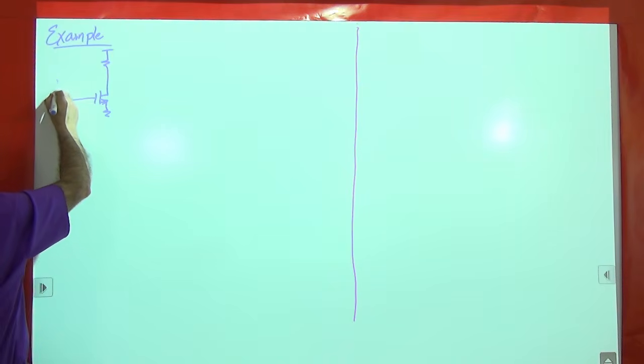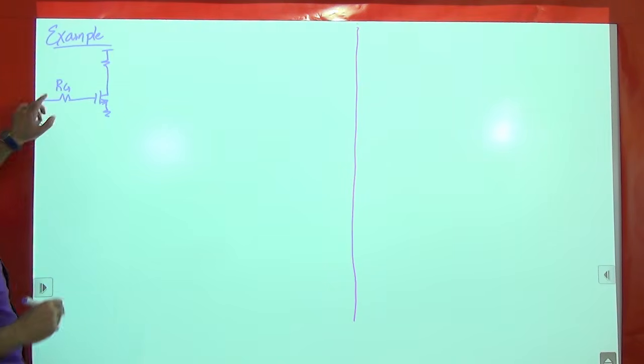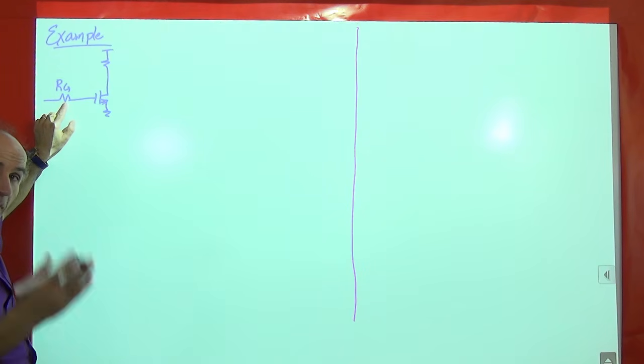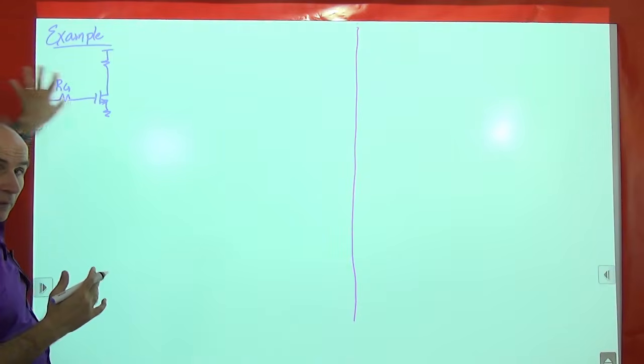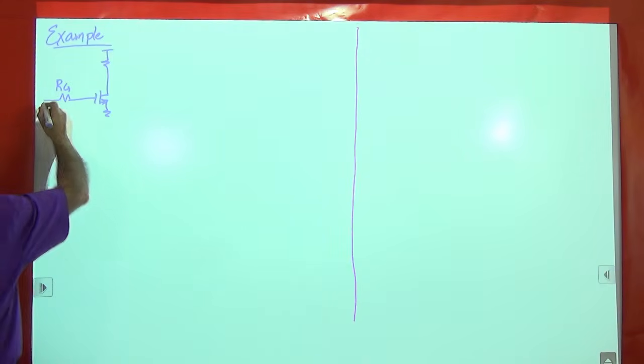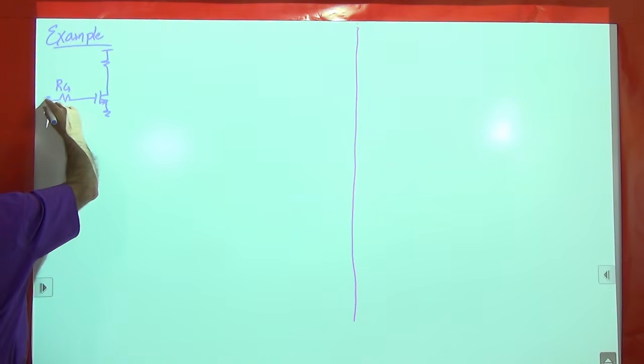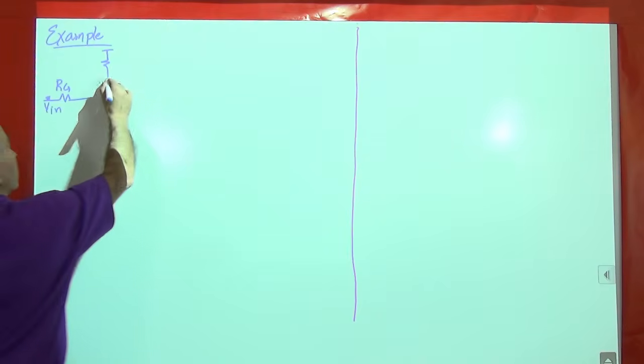And it has this resistor. Again, as I said last time, this is not something that we add deliberately to the circuit. It represents the output resistance of the previous circuit, whatever is connected before this one. Okay, so V in is here. And then V out is here.